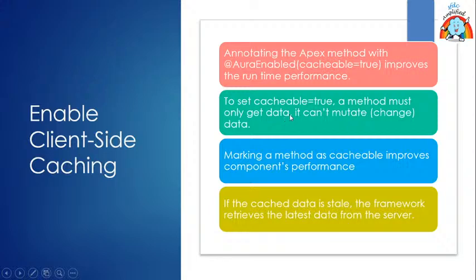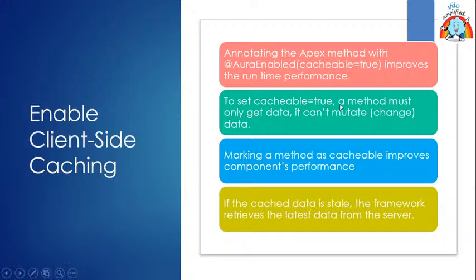And to set cacheable=true, a method must only get data; it cannot mutate. What does it mean? A mutable object is an object whose state can be modified after it is created, for example numbers, strings. Basically, whenever we can modify it, it is a mutable object. An immutable object is an object whose state we cannot modify after creation.